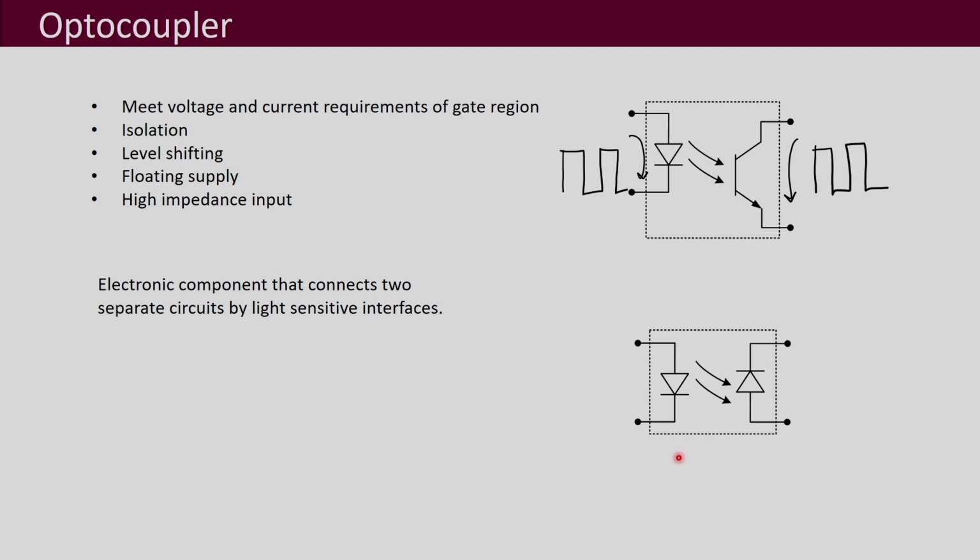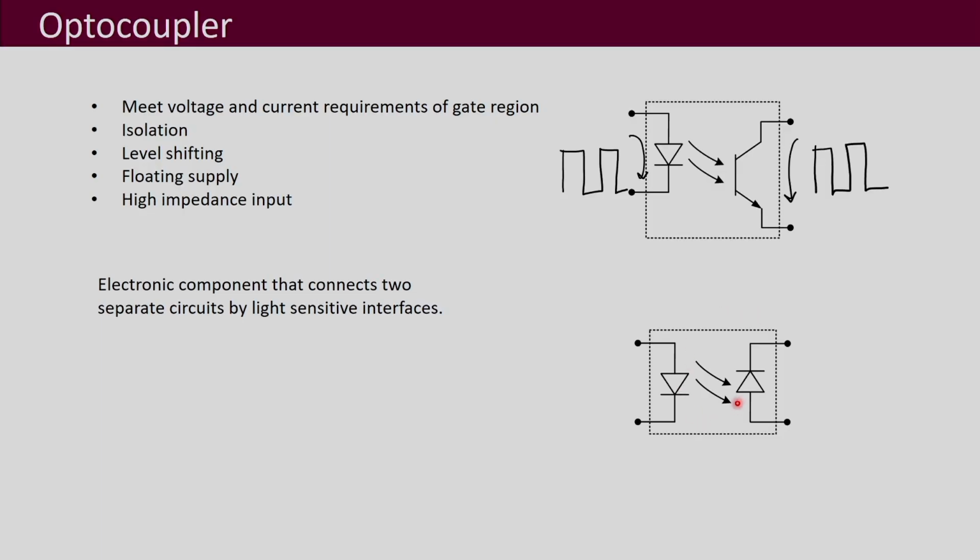What is important for this course for you to understand is that these optocoupler based gate drivers use optocouplers like these, which are generally used, and they provide optical isolation. This isolation is usually in the range of up to 10 kilovolts.